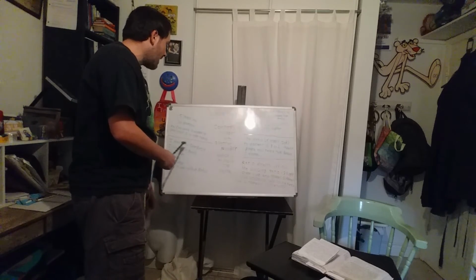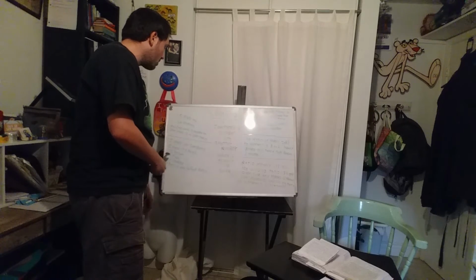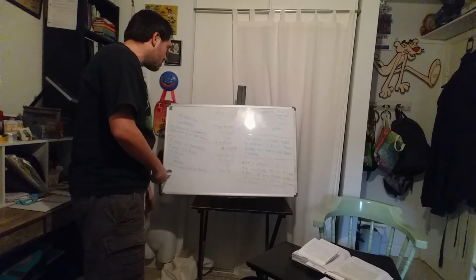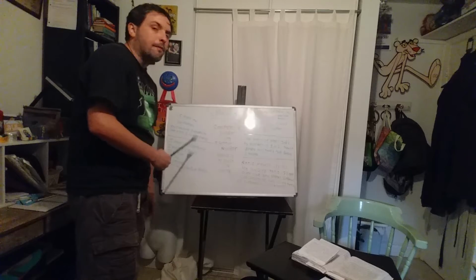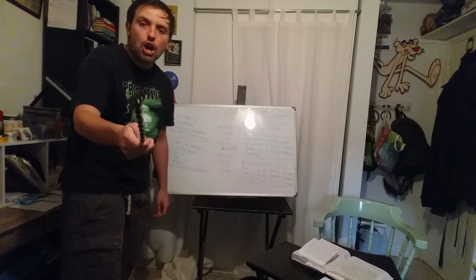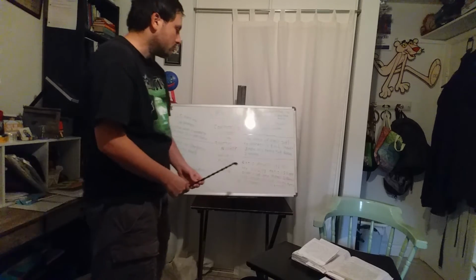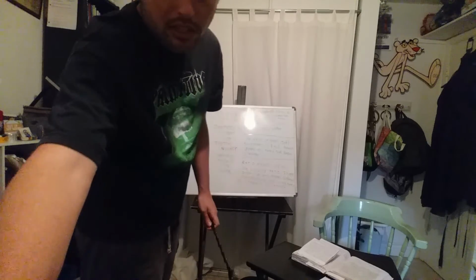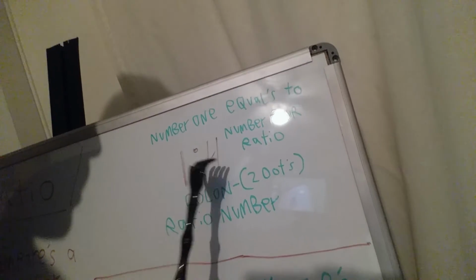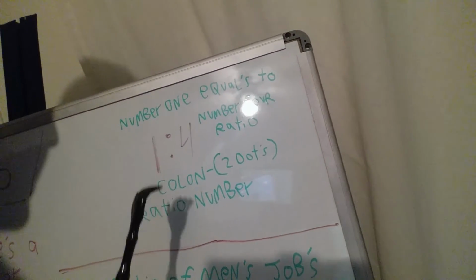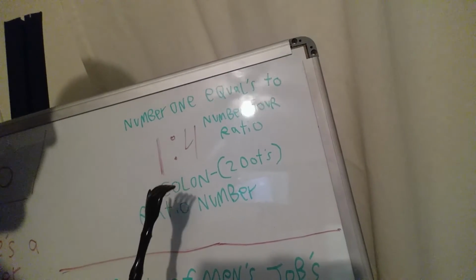I have 25 reds, 25 yellow, 25 pink, 25 orange. That's the 1-to-4 ratio. I'm going to take a closer look at this. See this here? That's the 1 and the 4. It's a ratio number.